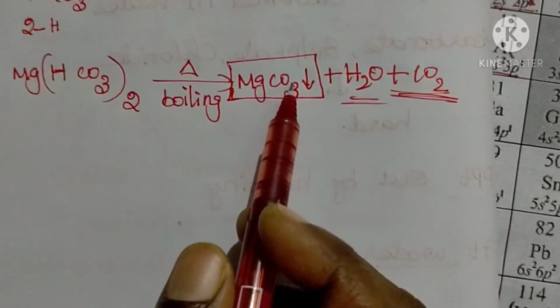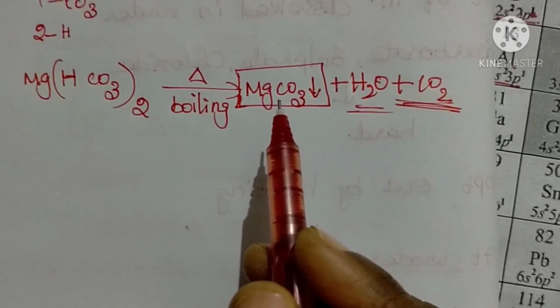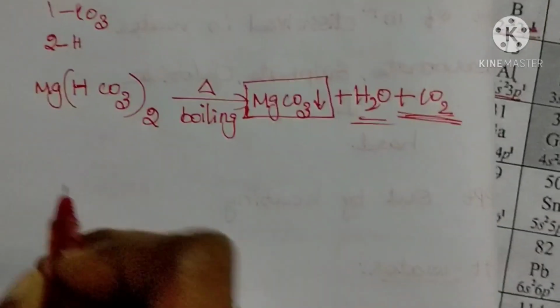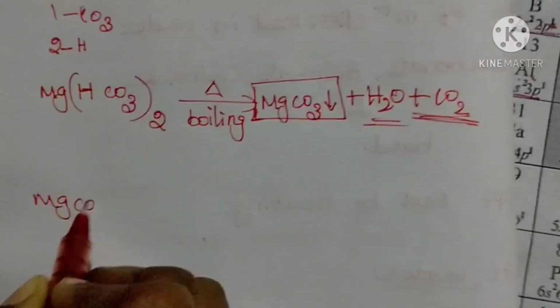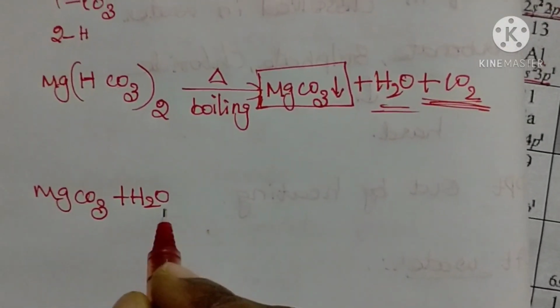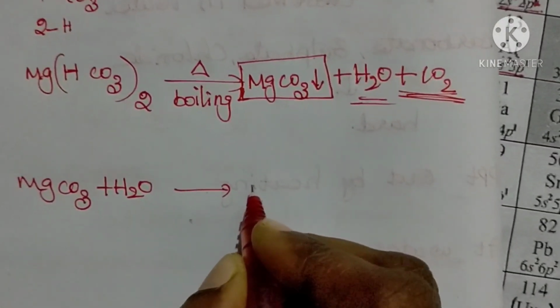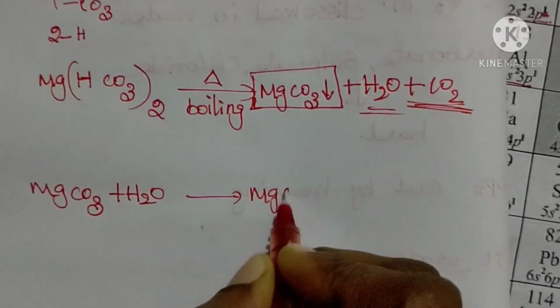Treating this magnesium carbonate with water, or hydrolyzing it, you will get magnesium hydroxide as a product. It is an insoluble one. So magnesium carbonate is hydrolyzed with water. Hydrolyze means adding water.